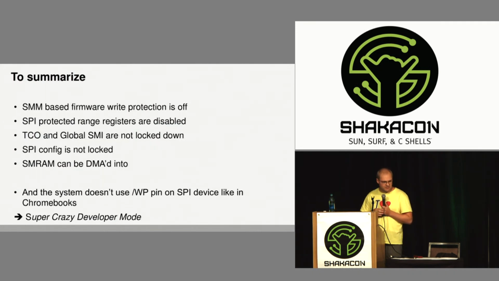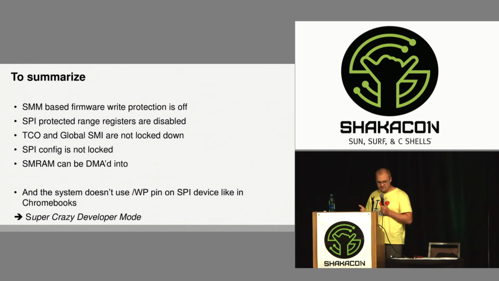And here's the summary. SMM-based firmware write protection is off, SPI protected ranges are off, all of the SPI locks are not set, SPI configuration SMI locks are not set, the SPI configuration is not locked, and SMM is accessible for DMA attack. So basically all of the protection which is supposed to be set is not set. All of the protection relies on this pin, and the pin should be asserted.